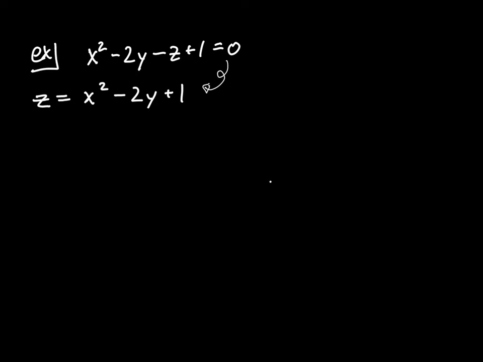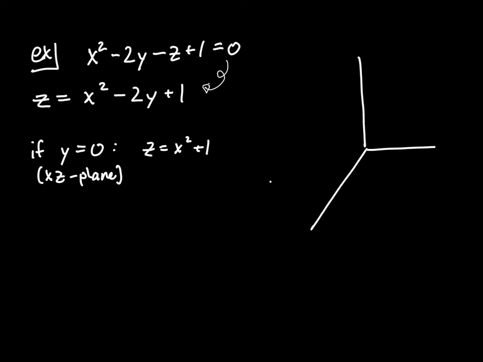So, now, let's look at some special cases. If y is equal to 0, we're just looking at z is equal to x squared plus 1. And when y is equal to 0, another term for that is the xz plane. So, let me draw my axes.